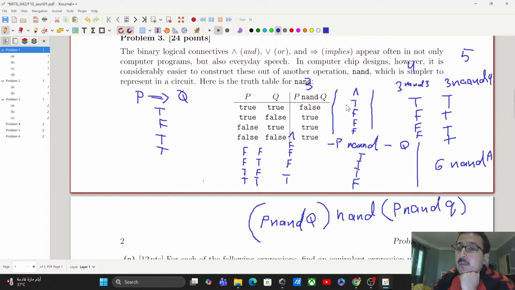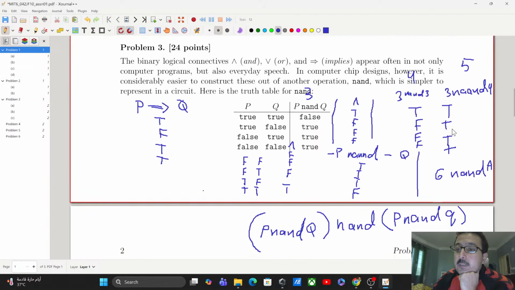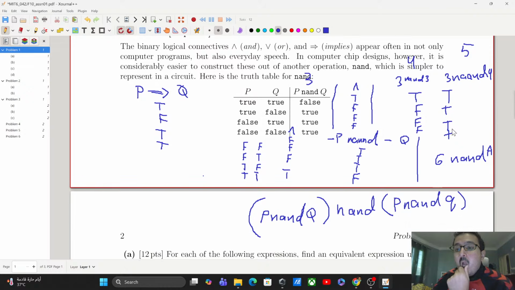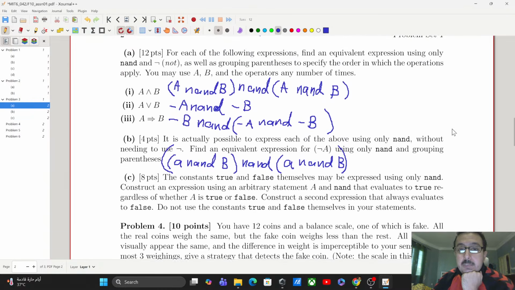So this one, which is the parentheses, and itself, and itself, and itself, and where is it gonna be?